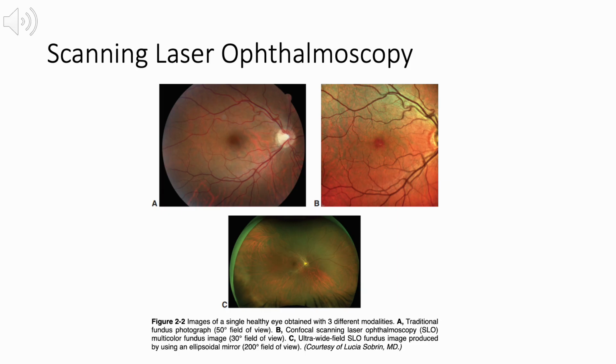This image captures nearly the entire retina in a single frame, including the far periphery, using pseudocolor generated from red and green lasers. Collectively, these images emphasize how different imaging modalities offer complementary perspectives, reinforcing the importance of selecting the appropriate technique based on the clinical question.